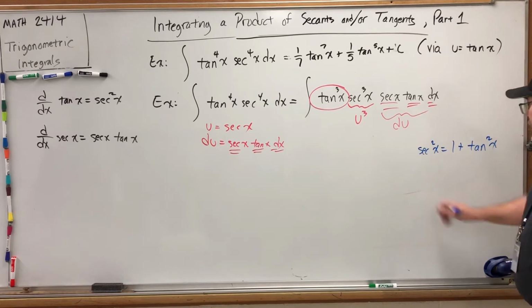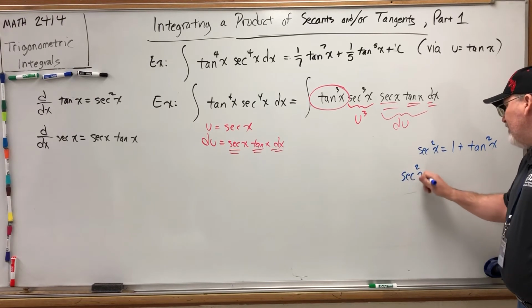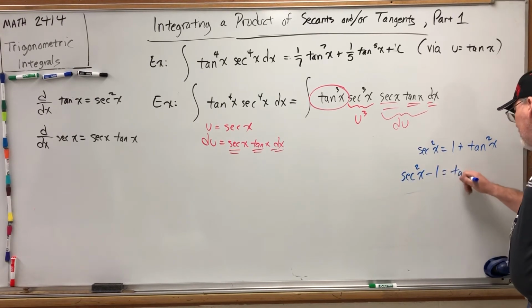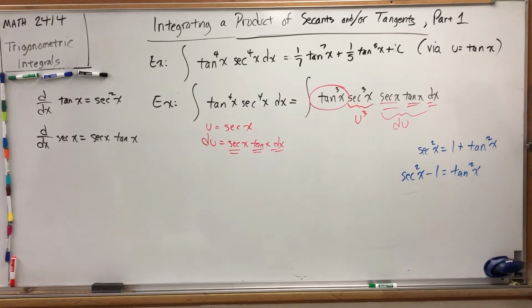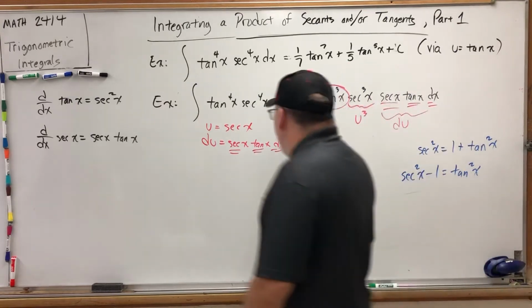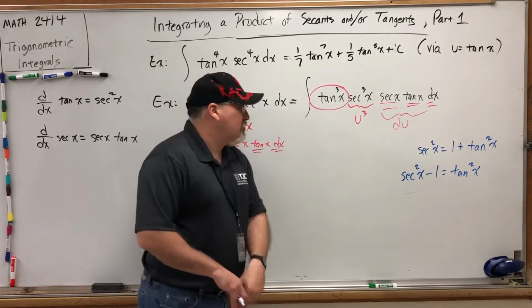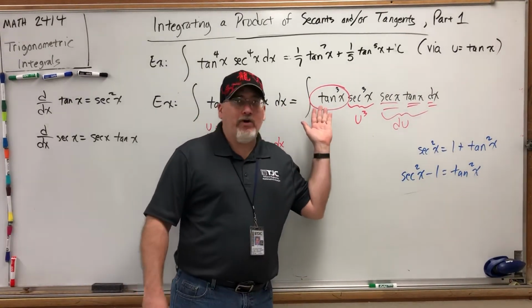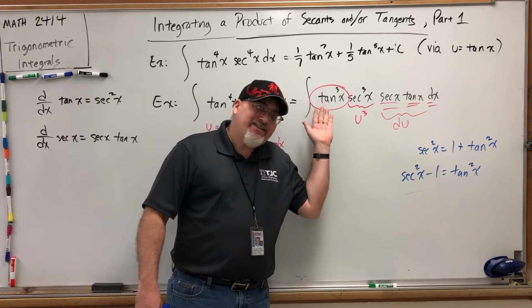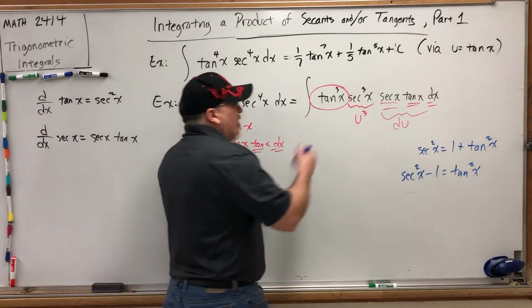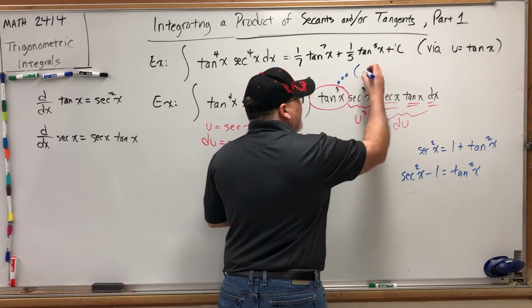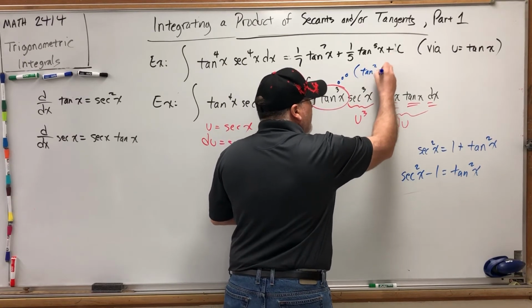Or if we move the 1 over, remember you need to know variations of these trig identities. Anytime I have a tangent squared x, I can replace it with secant squared x minus 1, which is great because I want secants, I don't want tangents, but this tangent has an odd power.